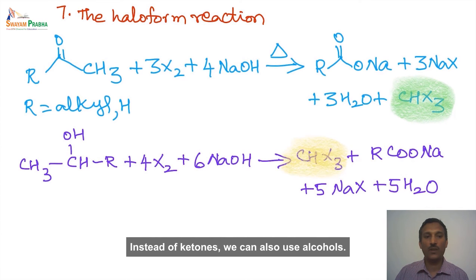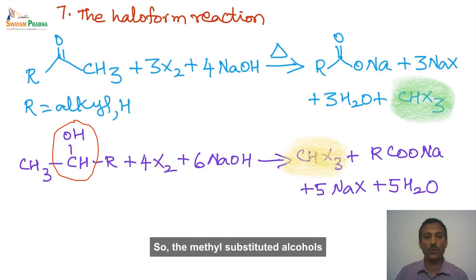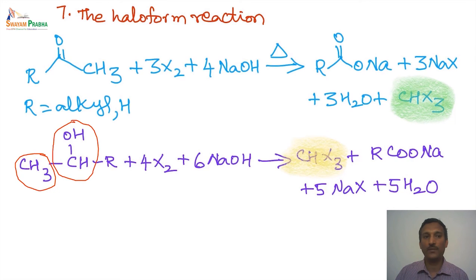Instead of ketones, we can also use alcohols. So the methyl substituted alcohols can also be treated in this particular case to get the corresponding haloforms. The reaction is given here.